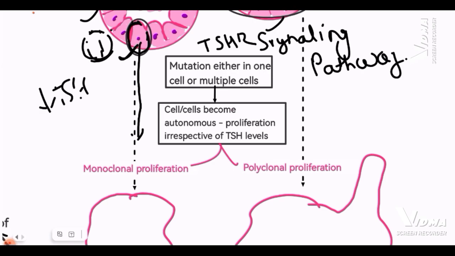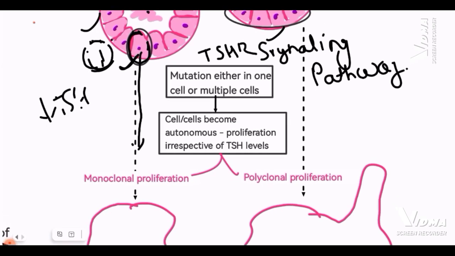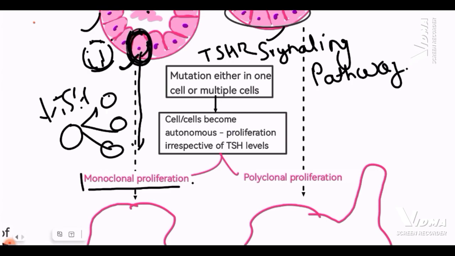All the cells derived from this cell are identical to it, derived from this single cell because only one cell is undergoing mutation. So we call it monoclonal proliferation. A single cell giving rise to many cells.